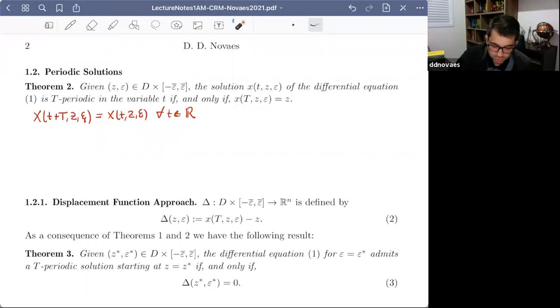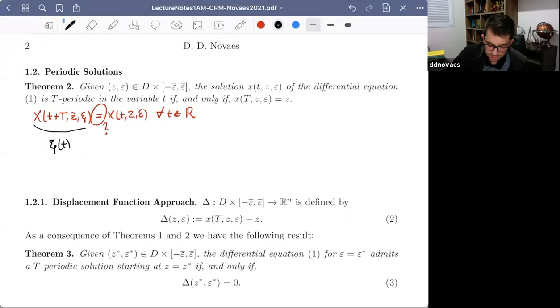In order to prove this result, it's simple. It's the classical approach. I want to know if this is true. So we call this function by another letter, for instance C, and we just have to check if C satisfies the same initial value problem that x(t, z, epsilon) satisfies.